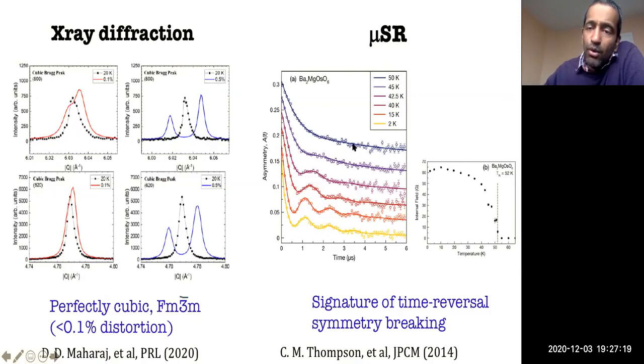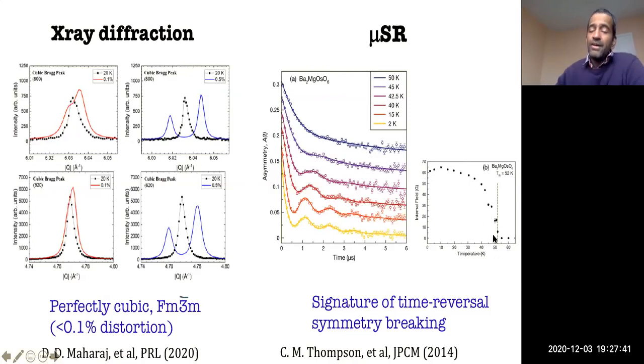But when you go below this transition at about 50, maybe 45 Kelvin here, you begin to see well-defined oscillations, about 4 or 5 periods of oscillation. And so this oscillatory muon signal basically tracks something like an order parameter in the system.